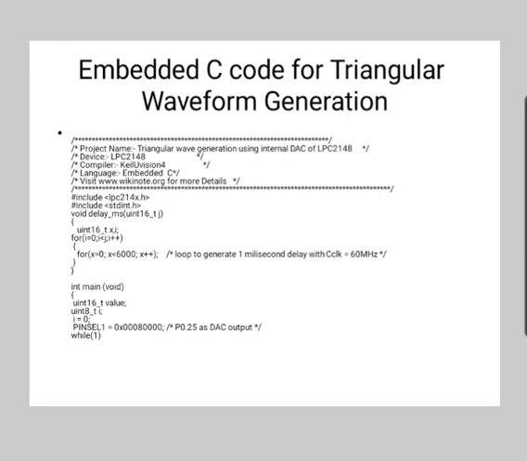Next is the embedded C code for a triangular waveform. Here also a for loop is used.